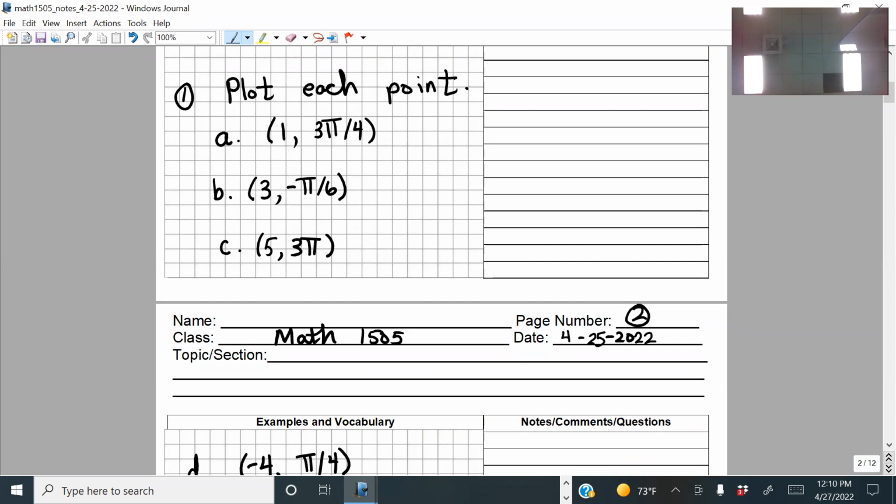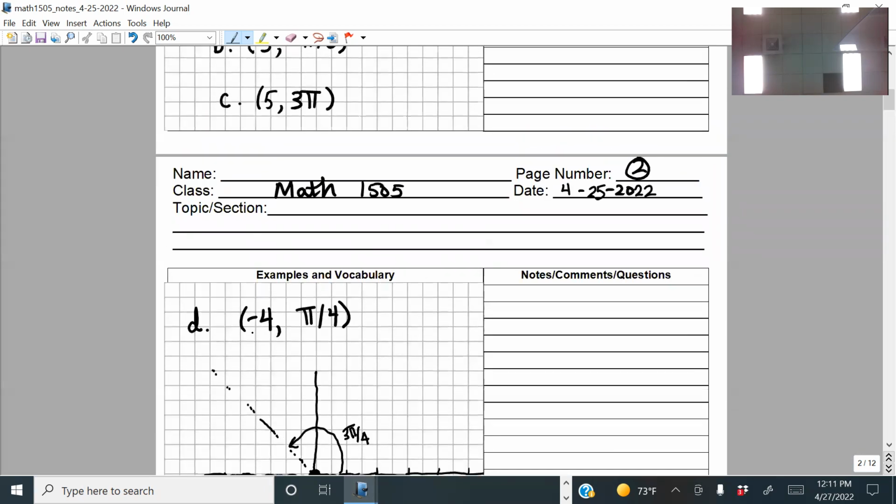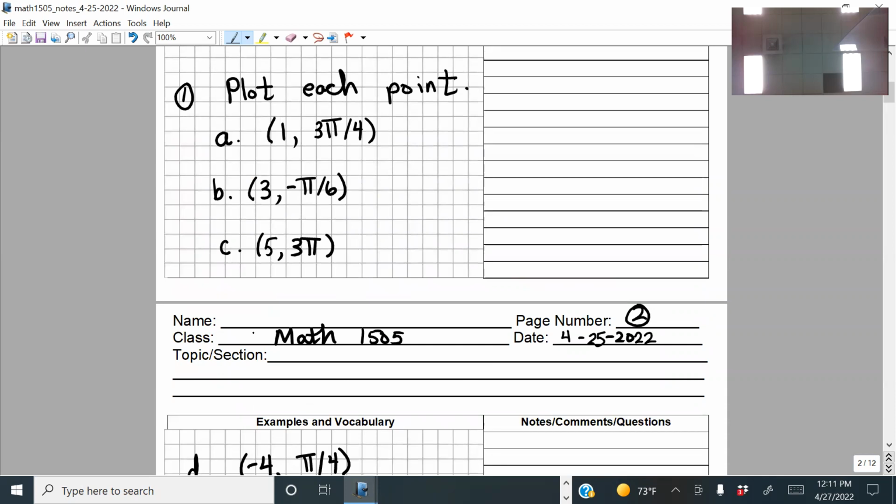Now, so we know the angle to our point is 3 pi over 4, right? But so that's over here in the second quadrant. In rectangular speak, that's in the second quadrant. But there are lots of points that form an angle of 3 pi over 4, right? So we want just one of those points. And so how do we know which point to pick out off that line? What do we know? Its distance has to be what? 1.